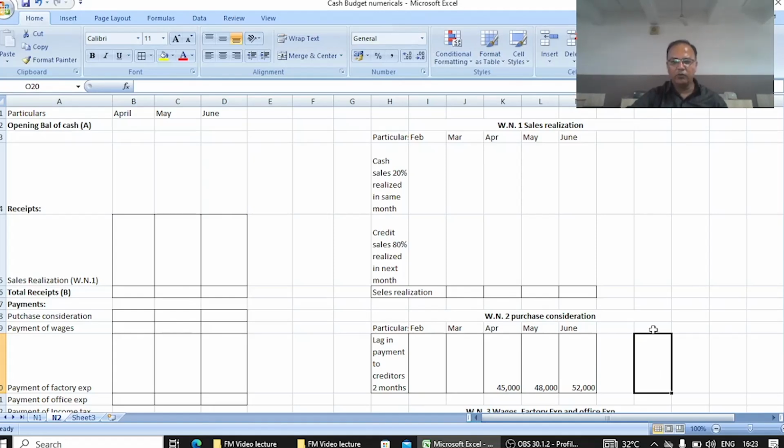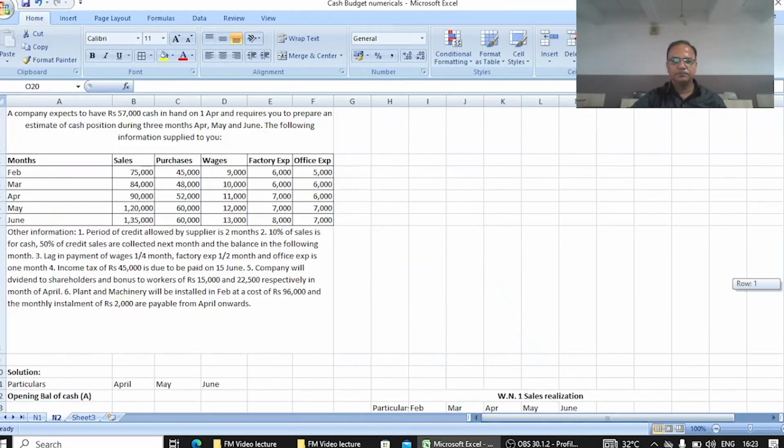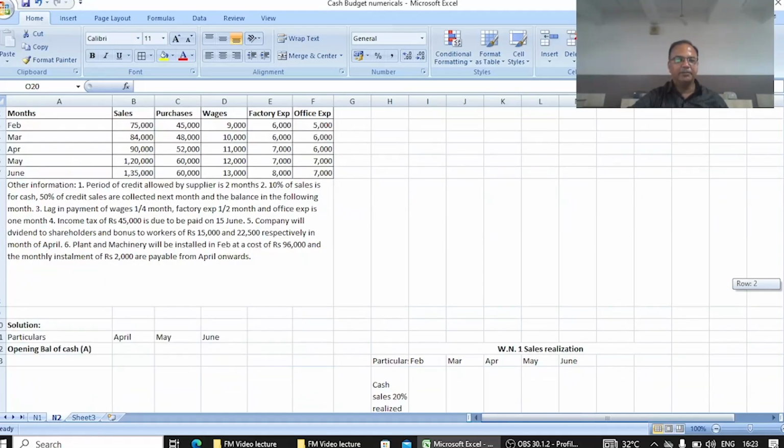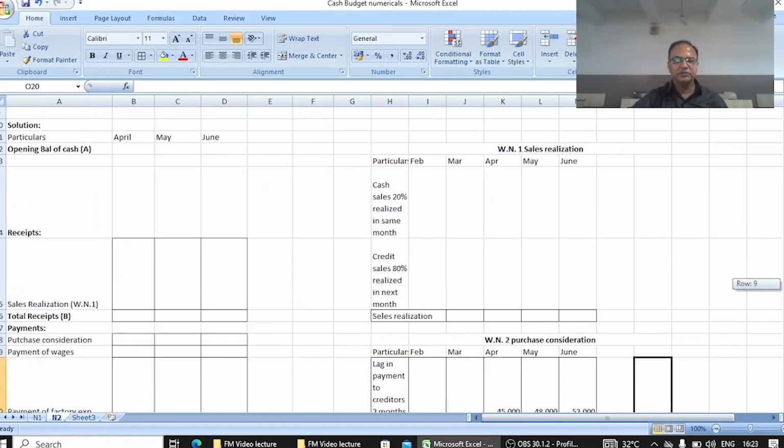45, 48 and 52. This is purchase consideration. Now, 10% of sales is for cash. 50% of credit sales are collected next month and the balance in the following month.